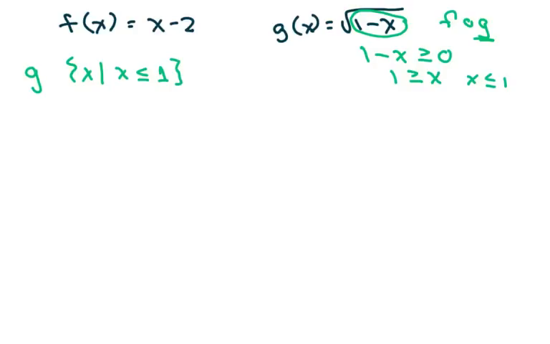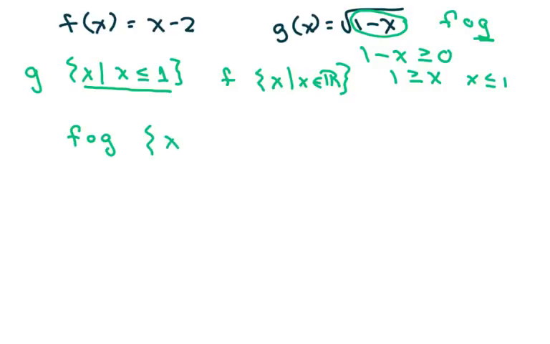And of course for f, the domain is x is all real numbers. Now, the composite function, therefore, f composed with g, is just going to be x such that x is less than or equal to 1.